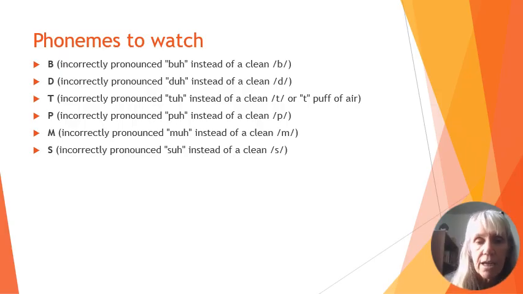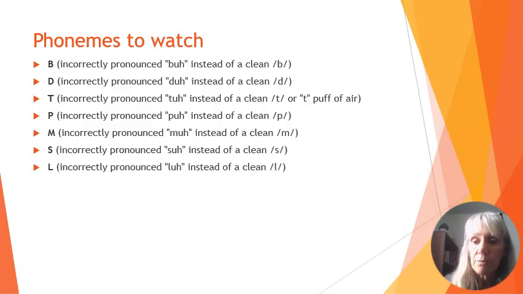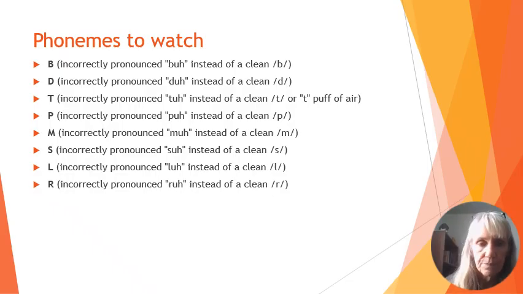S, incorrectly pronounced as sa, instead of just s. L is incorrectly pronounced as la, when it's just l. Gotta really clip that off the end of that one. R is often incorrectly pronounced as ra, when it's just r.